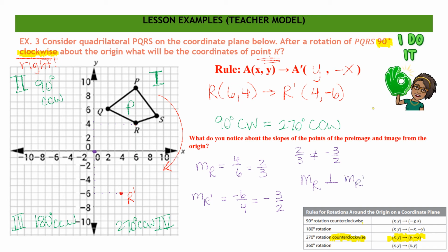So that means here and this connection here are creating right angles. And that makes sense because if I'm moving 90 degrees clockwise, that means I'm creating some type of perpendicular relationship when I'm rotating my pre-image point of R to my image point of R prime.